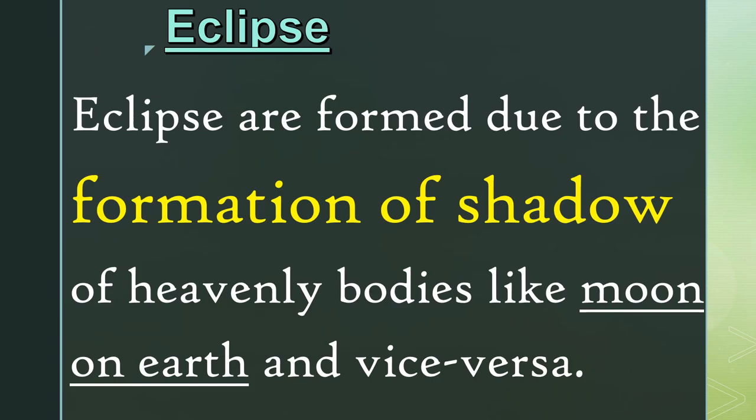One, a source of light, then an object, and finally a screen. The shadow which is formed of heavenly bodies as an object on another heavenly body is termed as eclipse. The term vice versa means the shadow of moon on earth or the shadow of earth on moon.